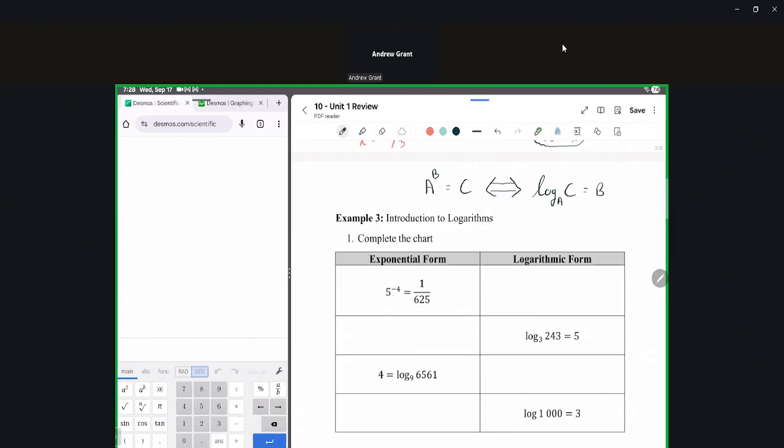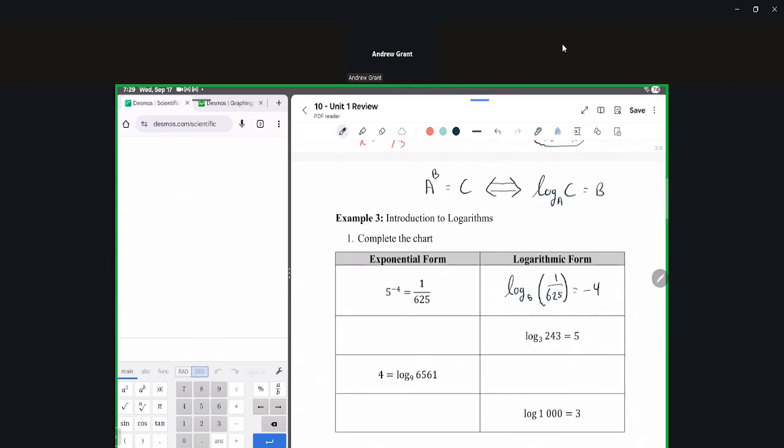So here, if we have the exponential form, 5 to the power of negative 4 is equal to 1 over 625. This is the same thing as log base 5 of 1 over 625 will be equal to that negative 4 value.